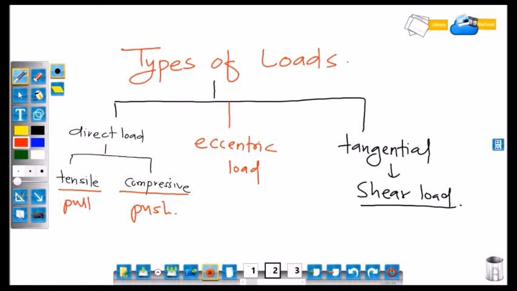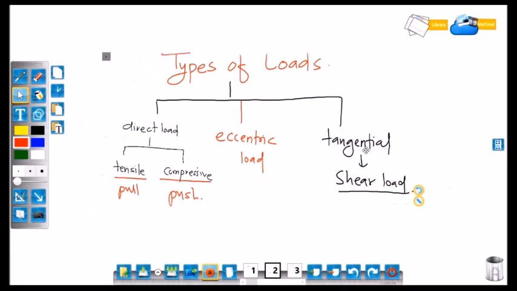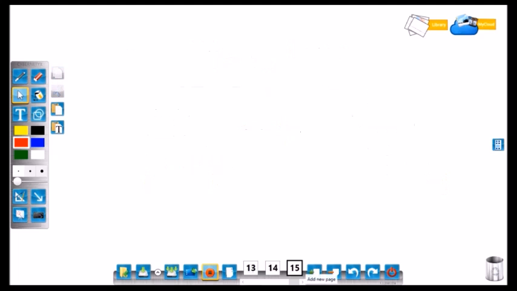So, in short, types of loads. There are three types of loads: direct load, eccentric load, and tangential load. And direct load is again classified as tensile and compressive load.